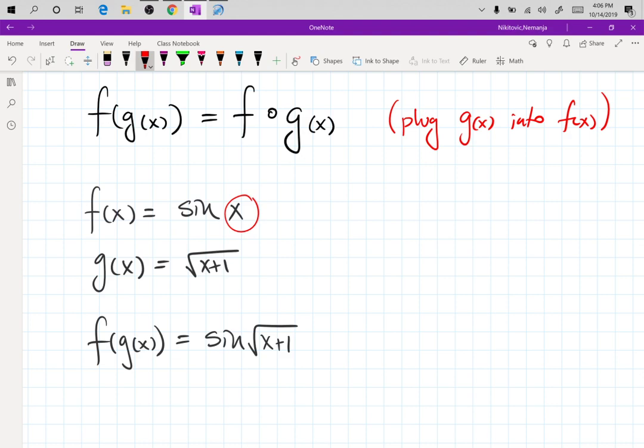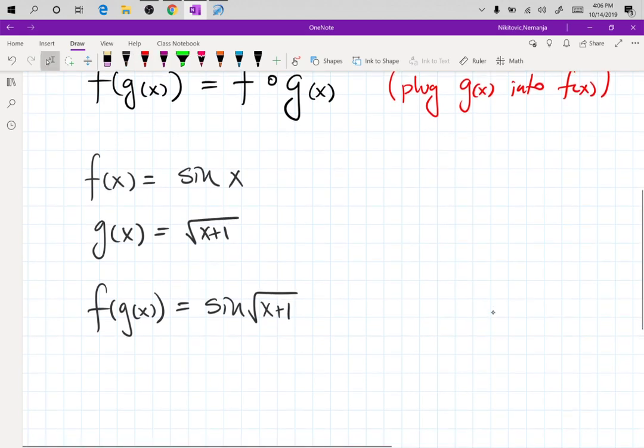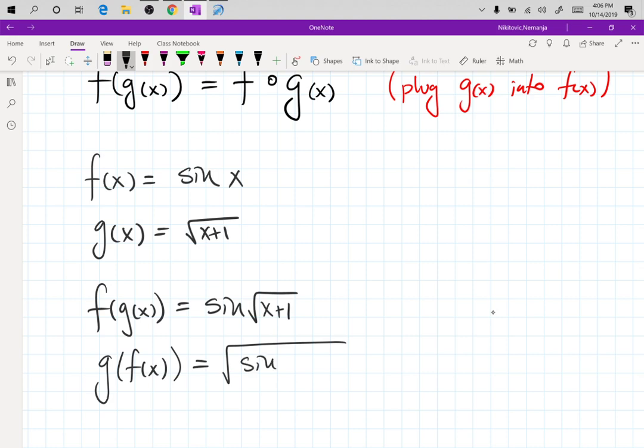So technically you're just plugging things in. We can also calculate g of f of x, and g of f of x would be the square root of sine x plus 1. So now you see that g plays the role of the main, right? And f is plugged inside.